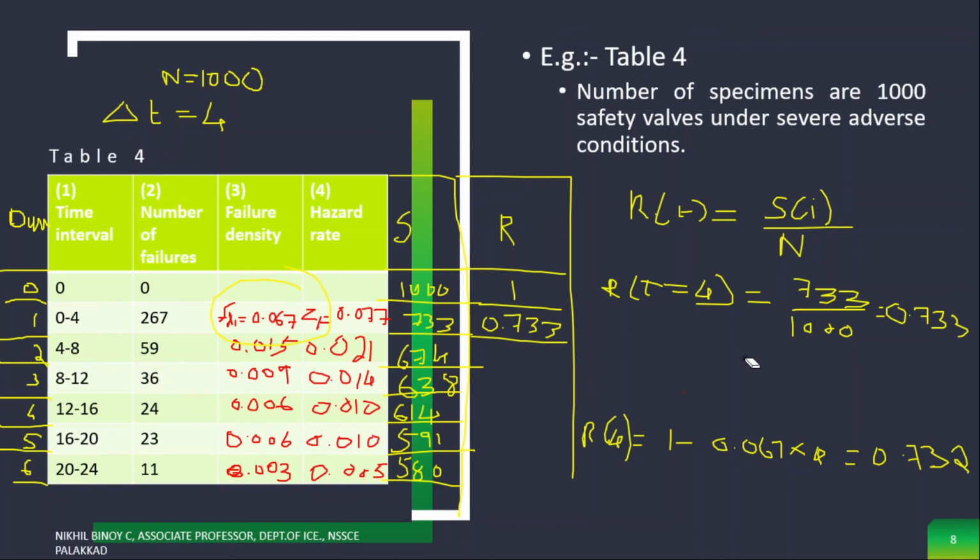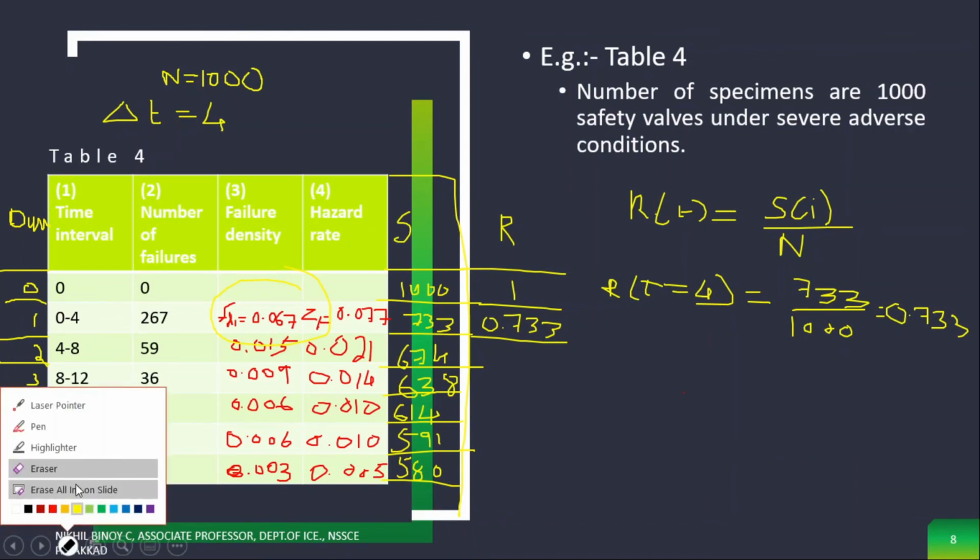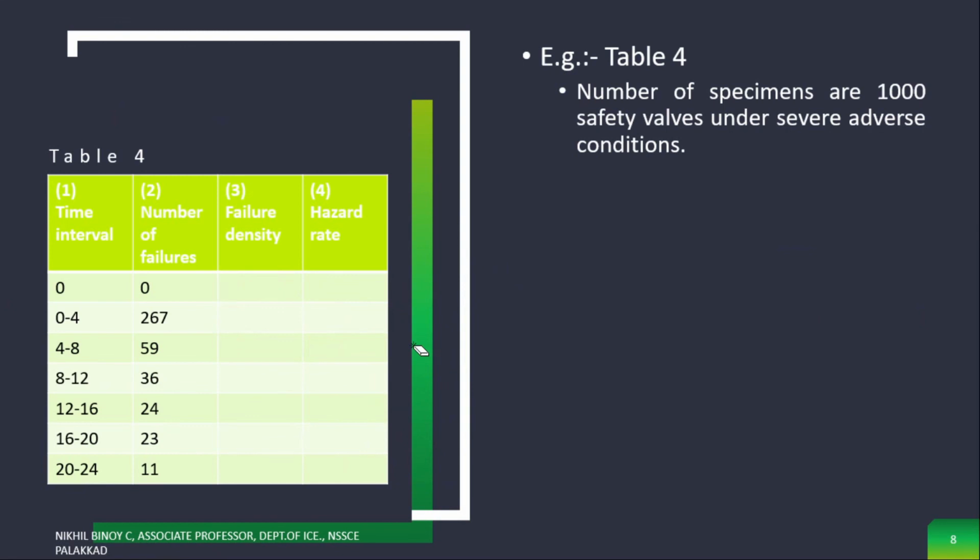In order to show that, I use these two methods. So please use number of survival to calculate reliability. Then once you have reliability, you can use reliability to calculate probability of failure.